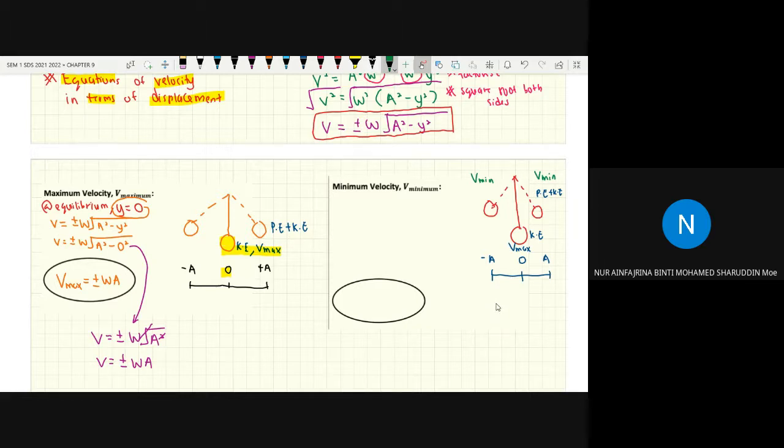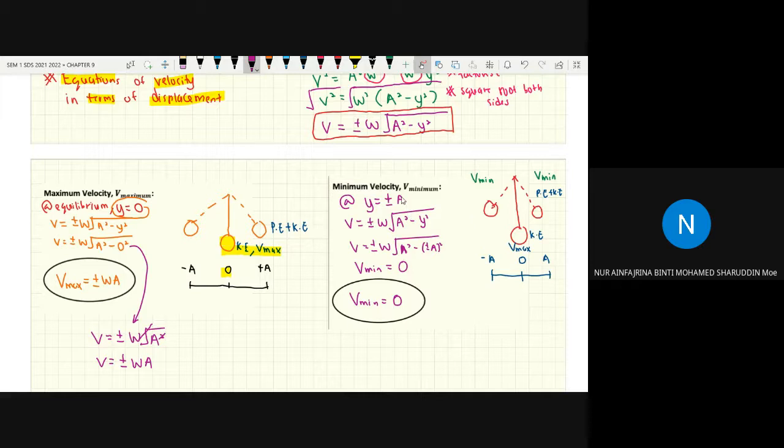So for V minimum, what will happen? It is when your displacement is at plus minus amplitude, at positive or negative amplitude. And we know the equation of velocity in terms of displacement is plus minus omega square root of A squared minus y squared. So you just substitute y with A. Whether it is plus or minus A, when you square it, you will get all of this as zero. Therefore, V minimum equals 0.